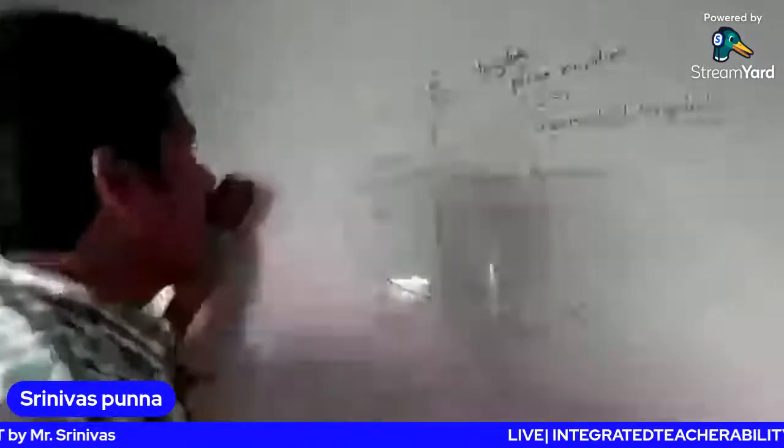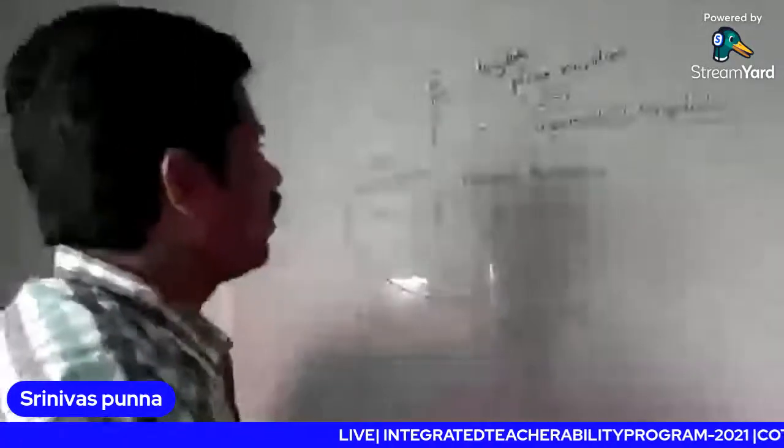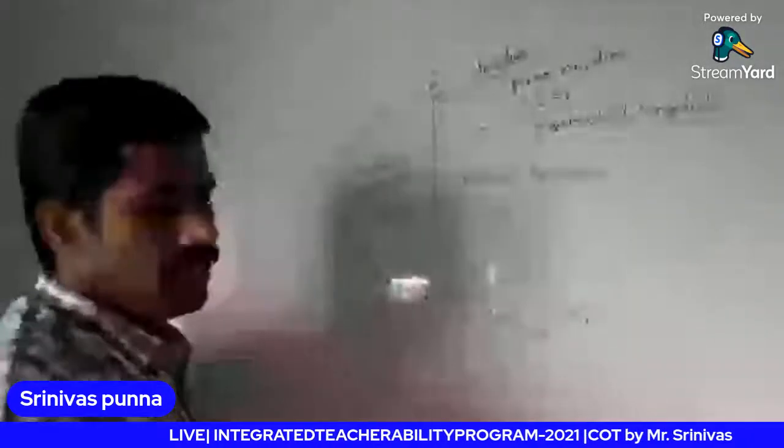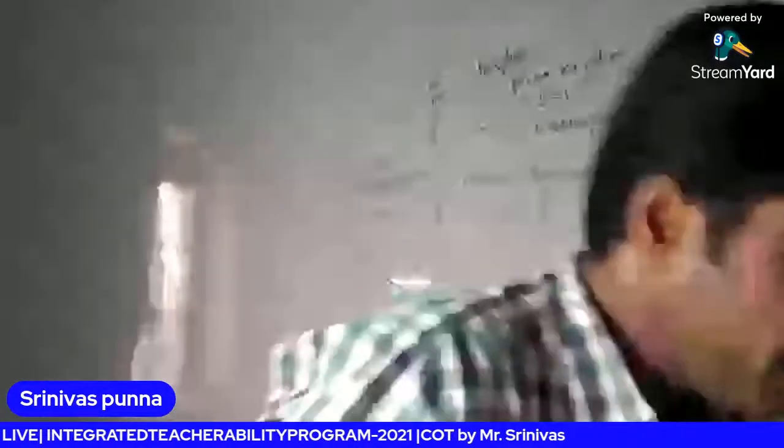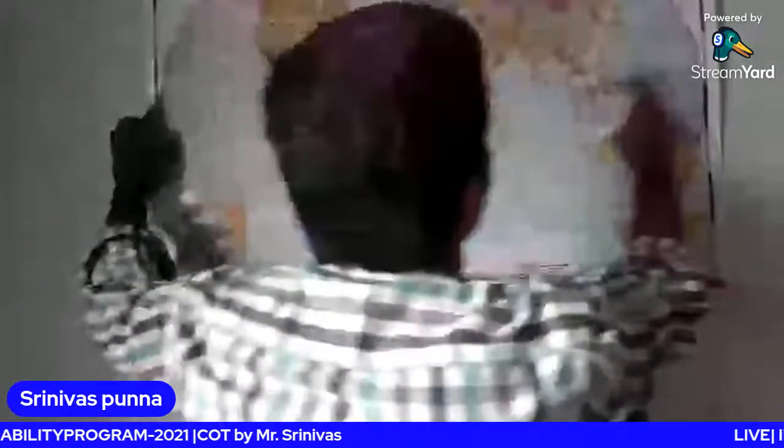So now come to the point. For example, if you see the world map, as per the basic facts we have just discussed, this is 0 degree, nearly. Here the equator lies.